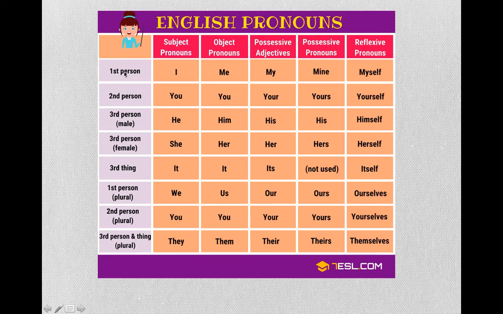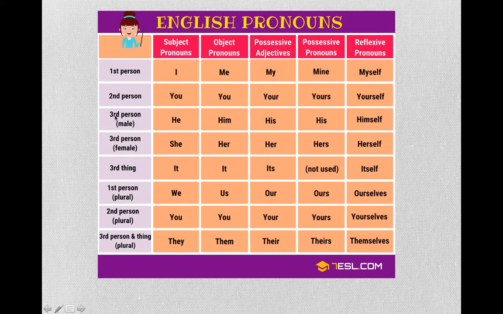So if you look at the first person, meaning referring to you, the speaker, right? If you're the one speaking, these are the different first person pronouns: I, me, my, mine, and myself. If you're talking to somebody, the second person pronouns are you, your, yours, yourself.